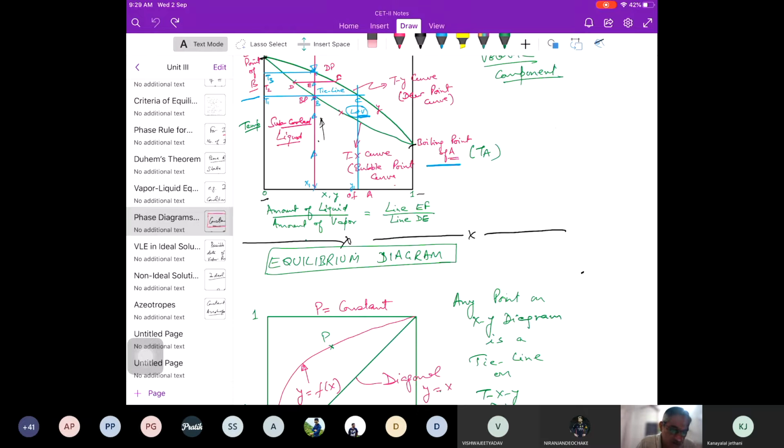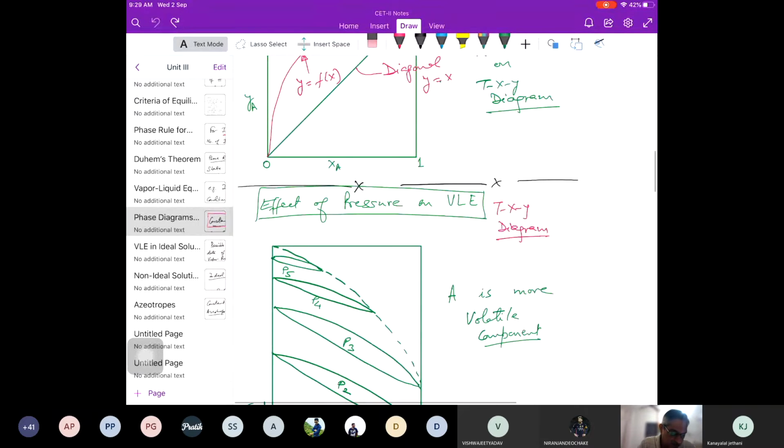Because I want to keep the notes clean. Okay. ठीक है. So next we will see what is the effect of pressure on TXY diagram.